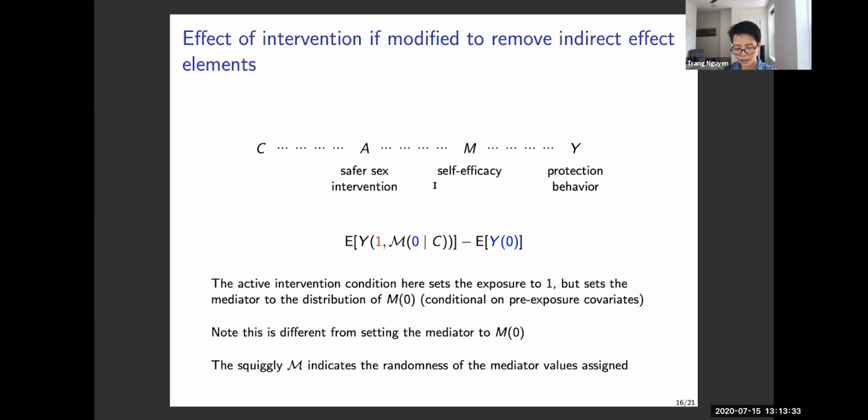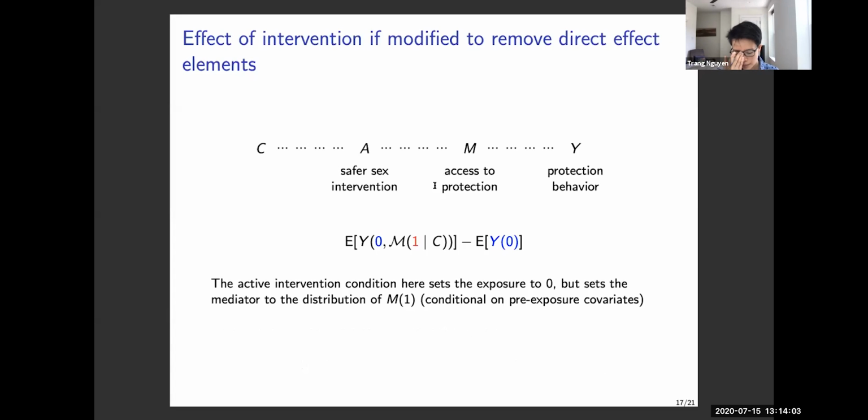So we may ask, what if the intervention is modified to remove elements that target self-efficacy? Then the effect of the modified intervention is represented by this contrast where the comparison stays the same. But the active intervention here sets the exposure to 1, but sets the mediator to the distribution of self-efficacy under no intervention.